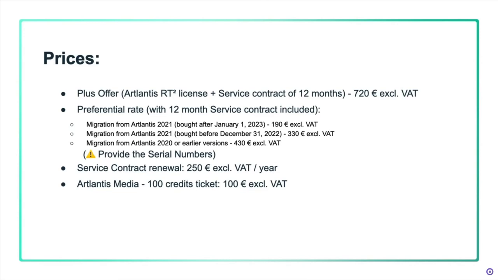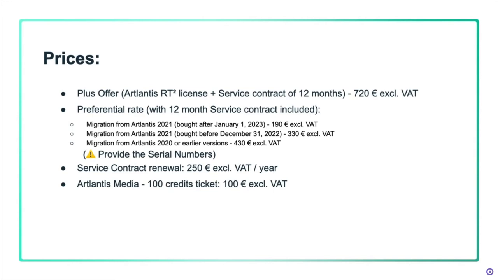It's at a cost of €720 before tax. This presents a little adjustment from the previous €650 of Artlantis 2021 and reflects the value and the advanced features we've just introduced to you.